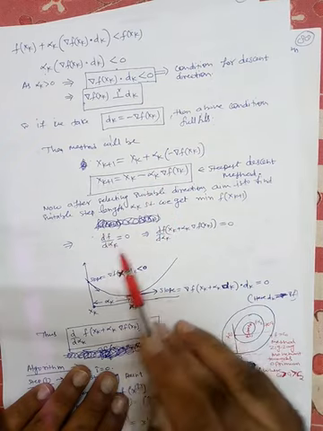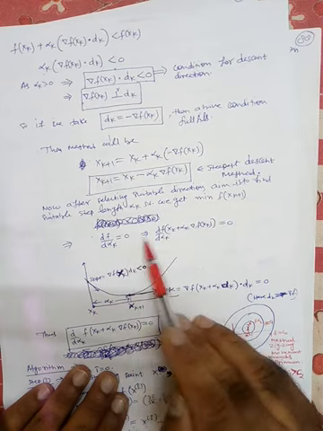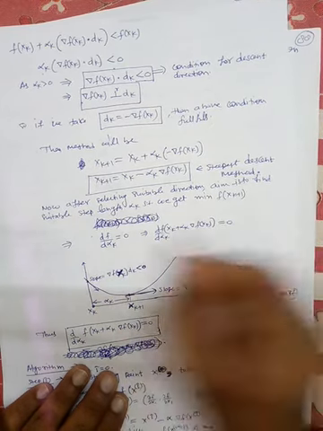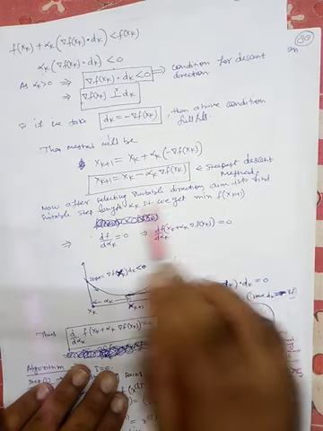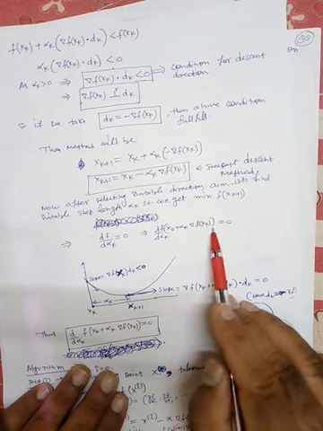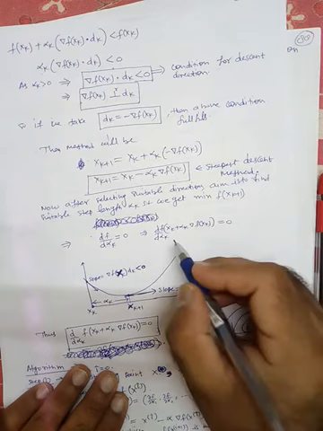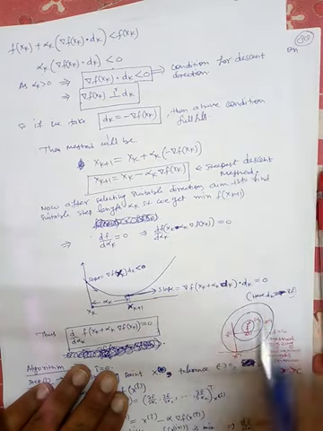So differentiate this function with respect to alpha k and put it to 0. So d by d alpha k of f of xk plus 1, which is f of xk plus alpha k dk, should be 0.